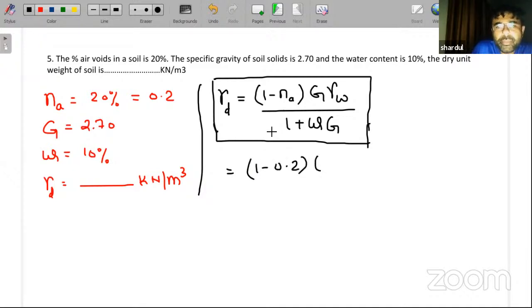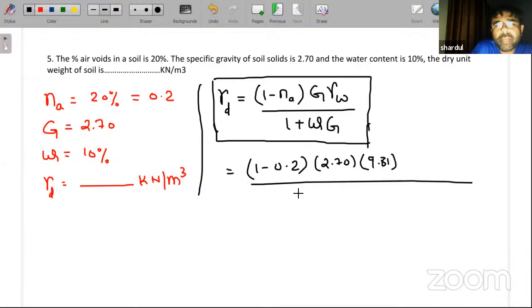The value of na is 0.2, the value of G is 2.70, the value of gamma W is 9.81, upon 1 plus w, that is 10%, means 0.1, into G, that is 2.70. So from here you can solve this and you'll be able to get the answer for this question. Let us solve this.